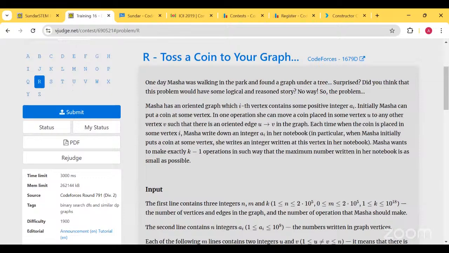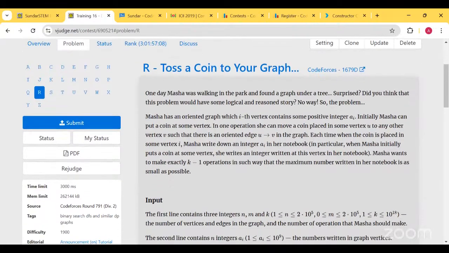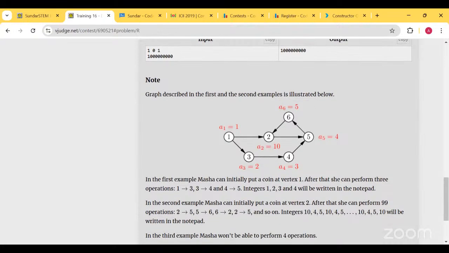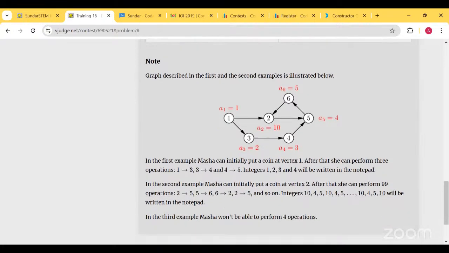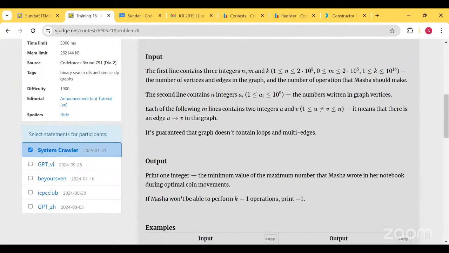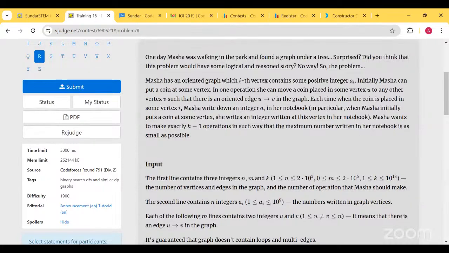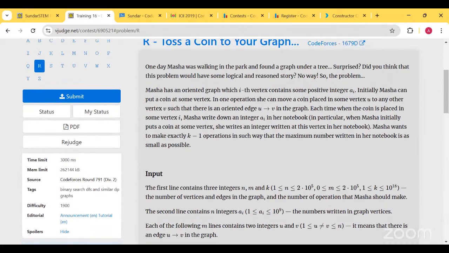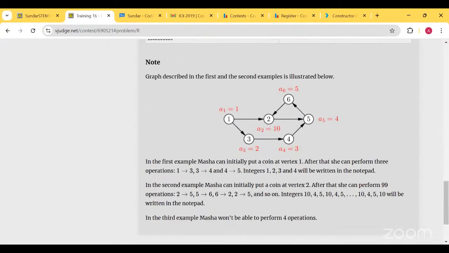And then let's continue to problem R. So this is given a graph, and we want to start at some vertex. We can start at some vertex, for example, vertex 1.